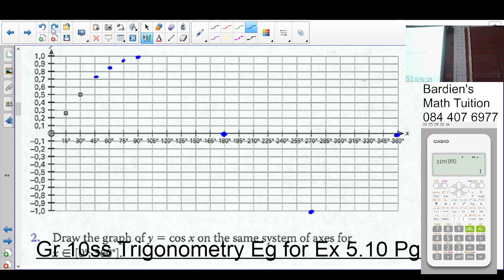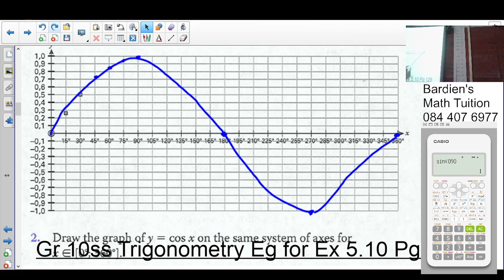Then we have to connect these dots freehand. And the dots are going to look like this here. And this is a smooth curve. Can you see that, people? It's a smooth curve.